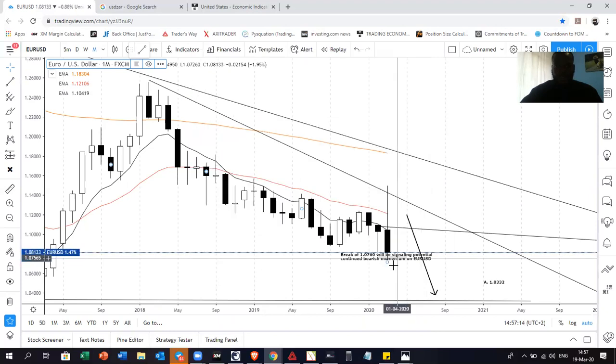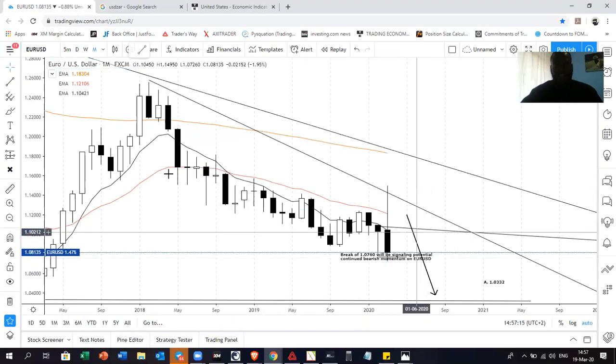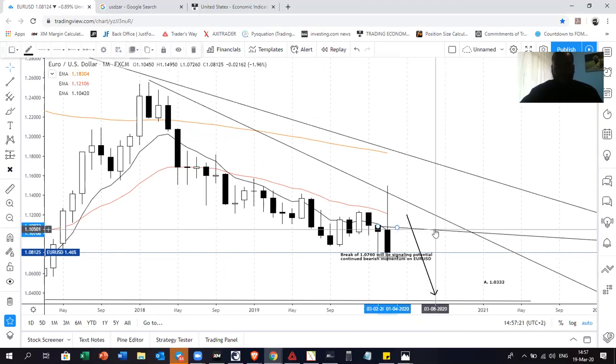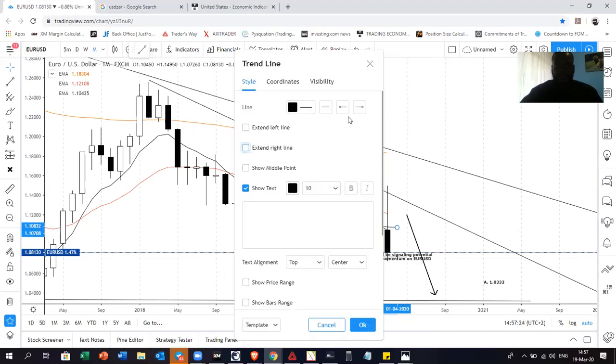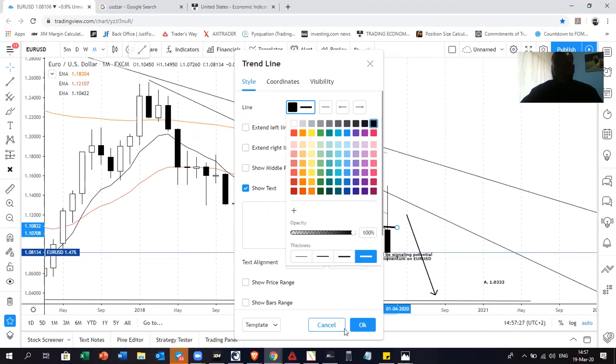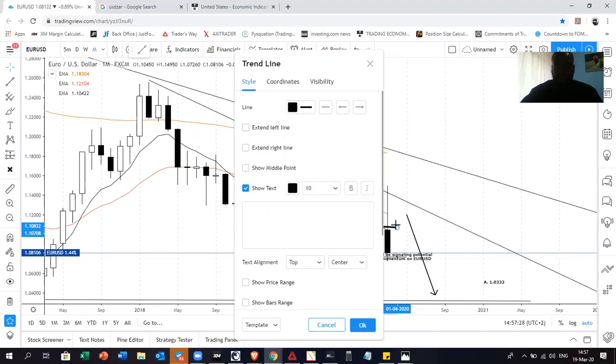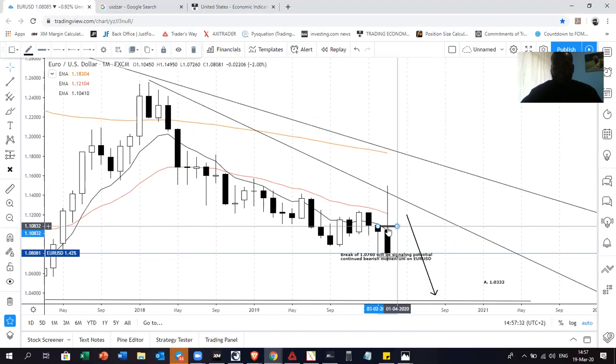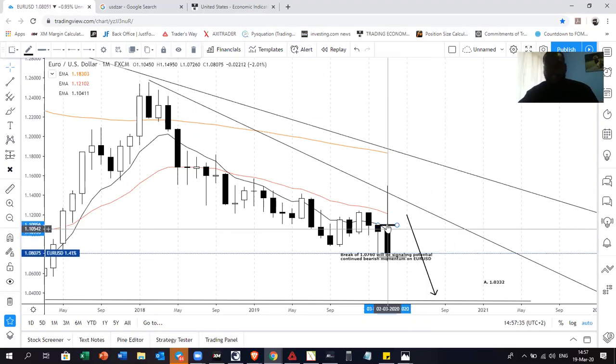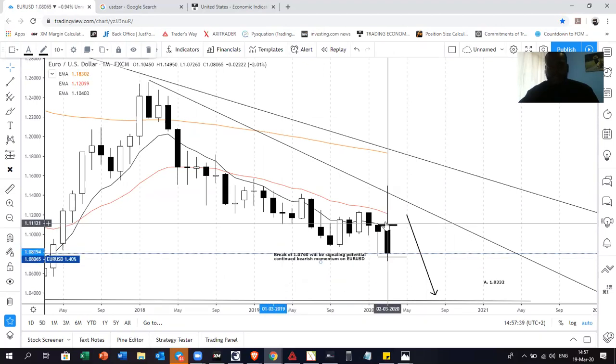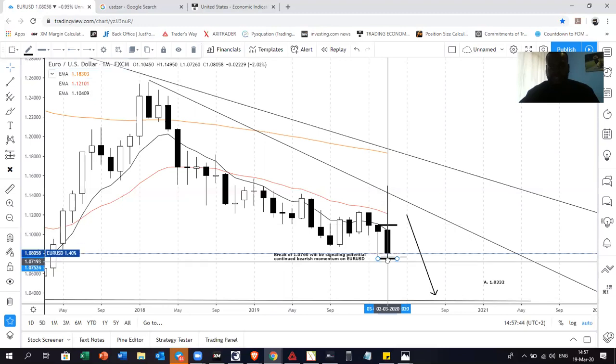And come on, TradingView. Let me see. All right. So there's the monthly high for Feb. And we got this dark black line identifying last month's highs and lows, right?